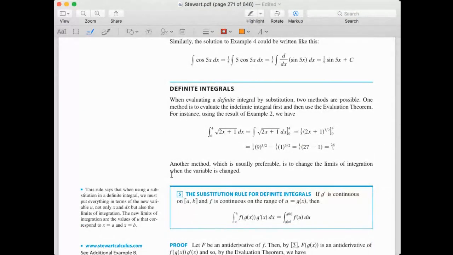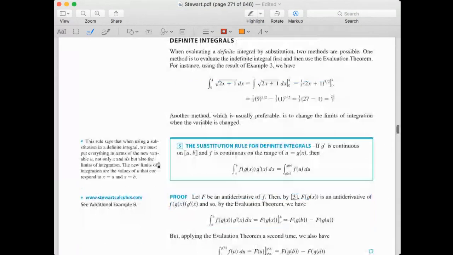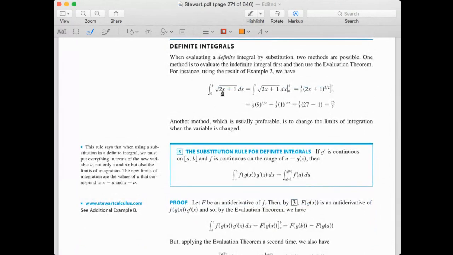Okay, let's see definite integrals. Here we have square root of 2x plus 1. We anti-differentiate, we use u substitution. When anti-differentiate, that's one of the examples before. We get 1/3 of 2x plus 1 raised by 3/2. Now we want to evaluate at 0, at 4. So evaluate at 4, then subtract the evaluation at 0.